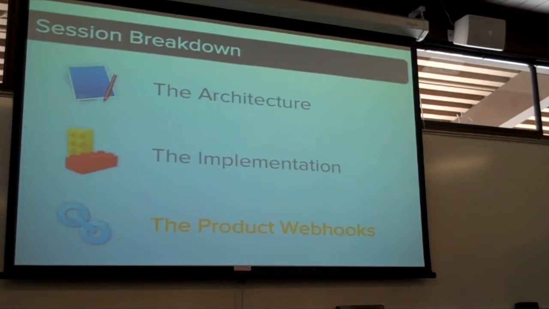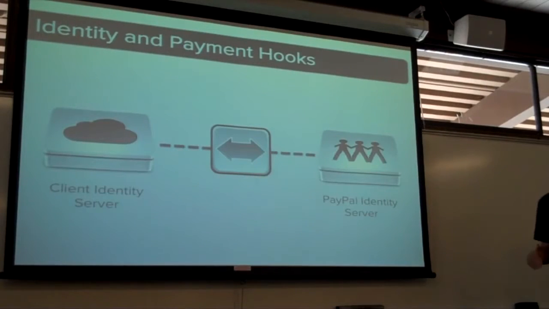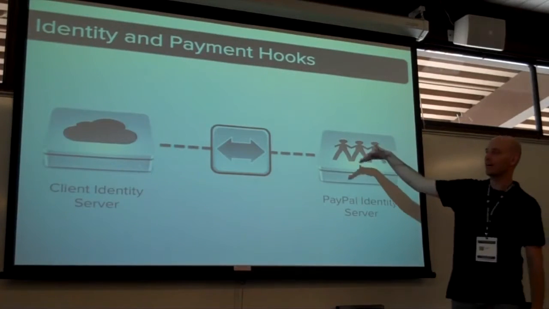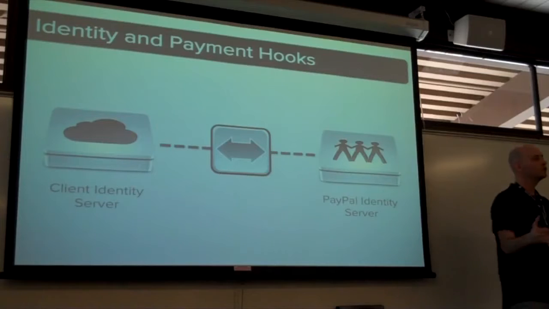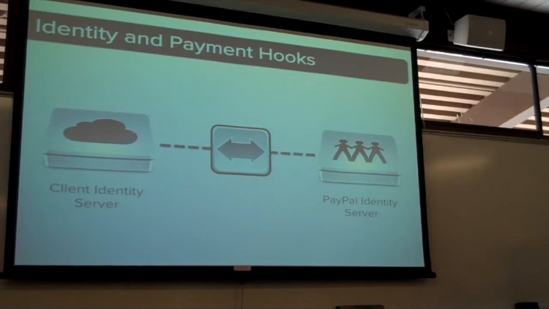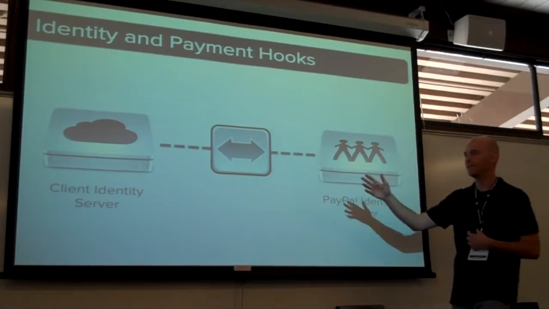But if you want that scalable architecture that integrates with your existing systems, then you start really working with these product webhooks. Built into there, we have things to do with identity and payments. So storing payment information after the user has purchased something, for looking it up, and the same stuff we're storing in local storage, as well as the identity information, is a kind of two-way street between PayPal and the client.